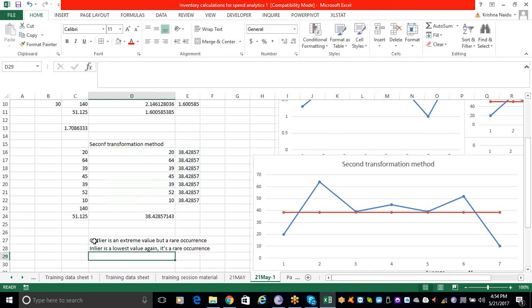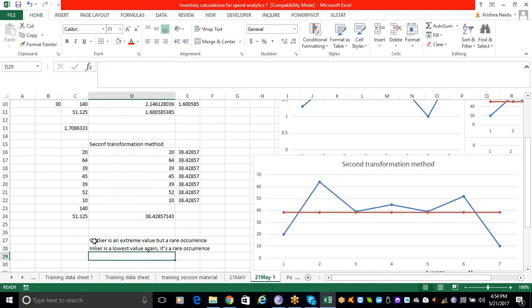So when we look at the data and we are seeing a lot of ups and downs, we also have to understand whether that particular up and down is happening because of a rare occurrence, when any particular value will happen only once in a blue moon.